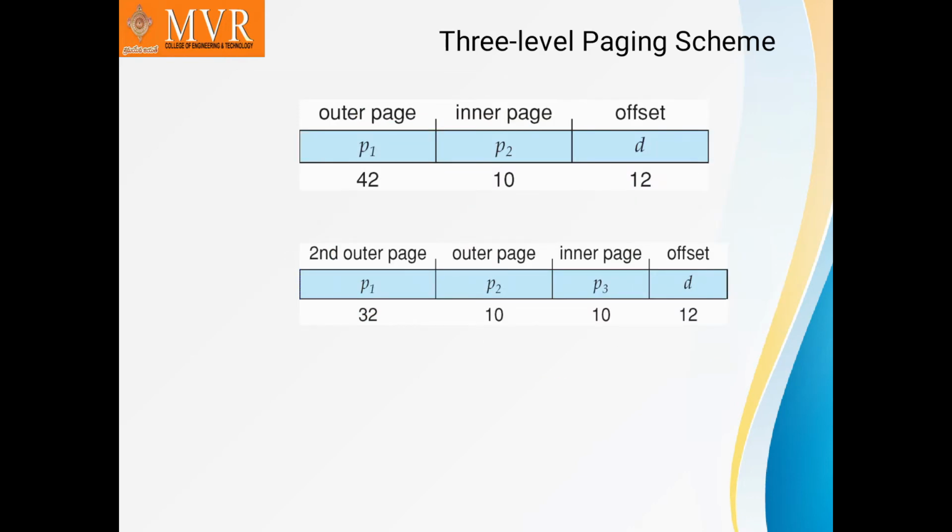Next, coming to the three-level paging scheme. In this three-level paging scheme, there is an outer page, an inner page and an offset. The outer page is 42 bits, the inner page is 10 and the offset is 12. If the pages are increased, then it will be split into 10, 10 and the offset.